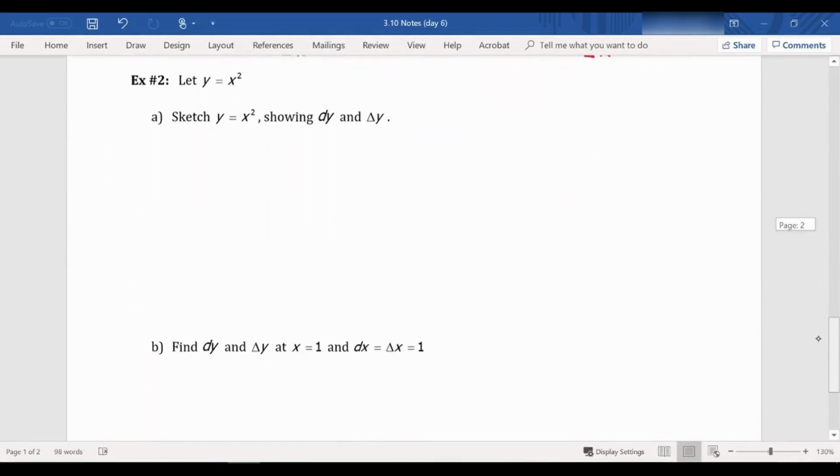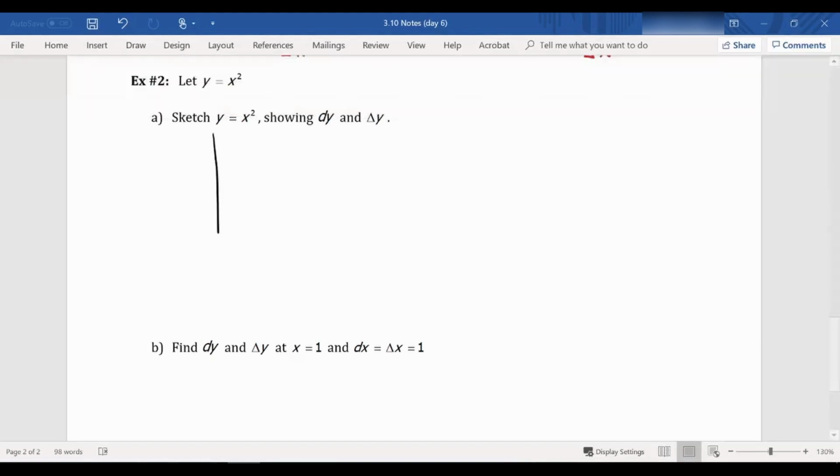So we're going to do a question where we use these. Again, sometimes these can get a little messy, so it might be helpful to draw two different pictures. I'm going to try and draw it as clear as I can on one so you can see the difference in dy and delta y. But if you need to draw two pictures, that's fine. Now, there's some math that we're going to want to do to make this a little easier for us as we go.